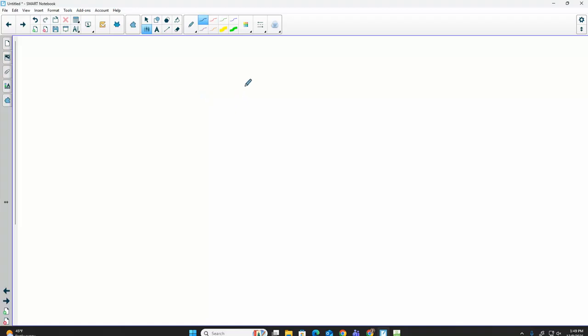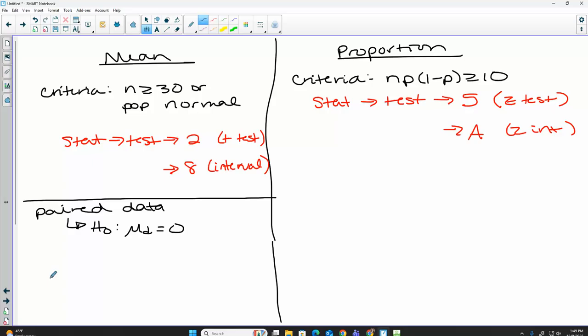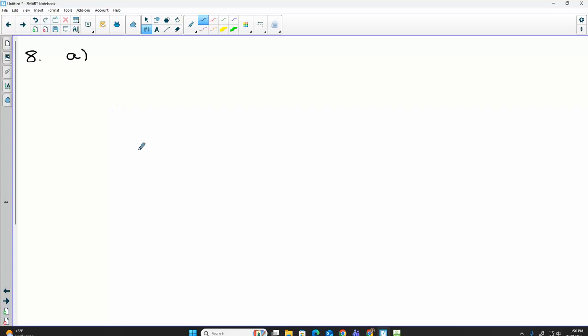Number 8, I told you these are independent. Matched pairs is dependent, and independent means they are totally separate. So if they are independent, then the null is always the mean of the first equals the mean of the second. So my null is just that.